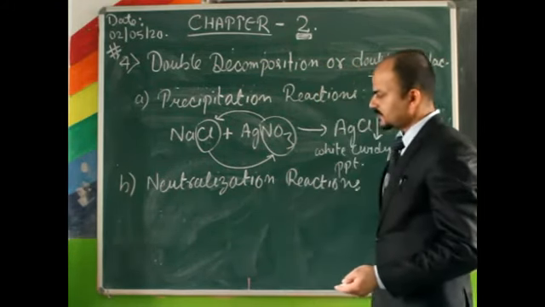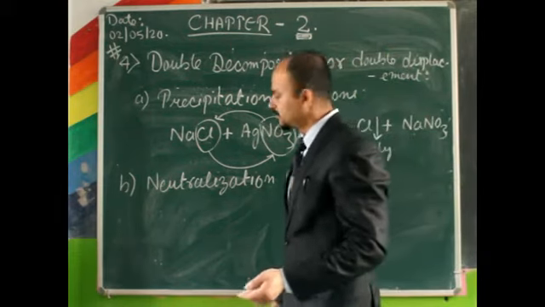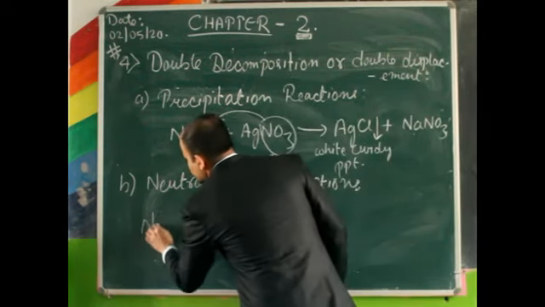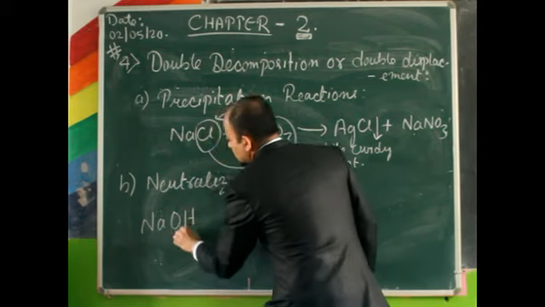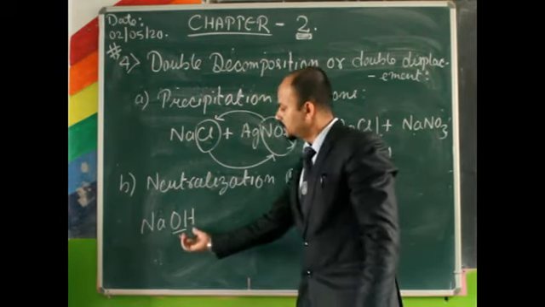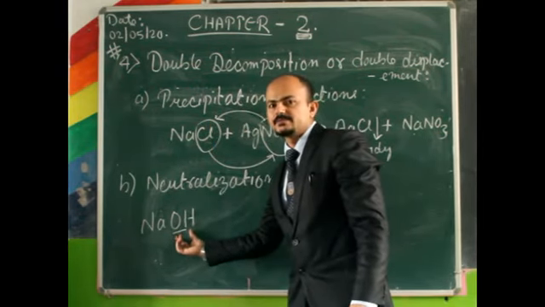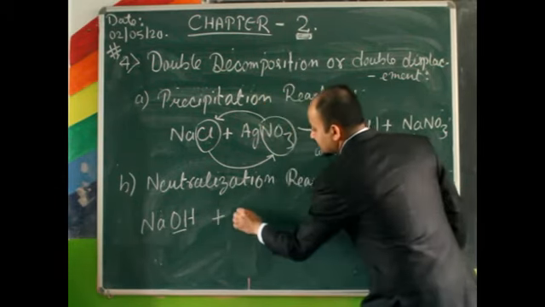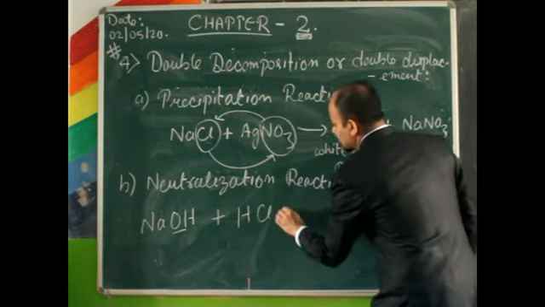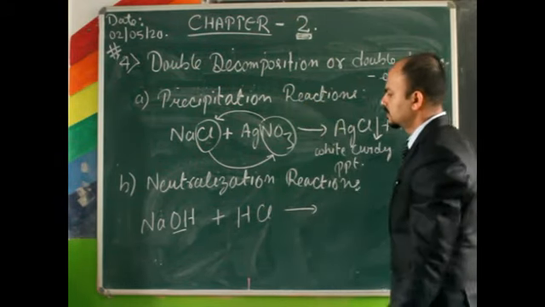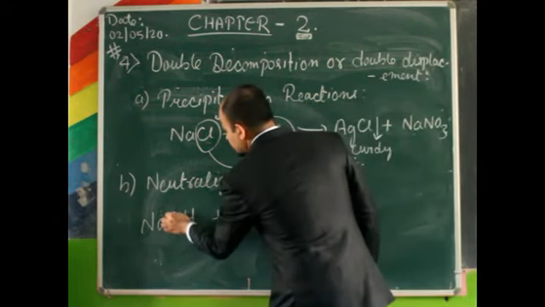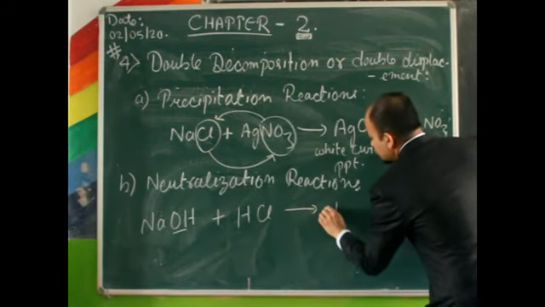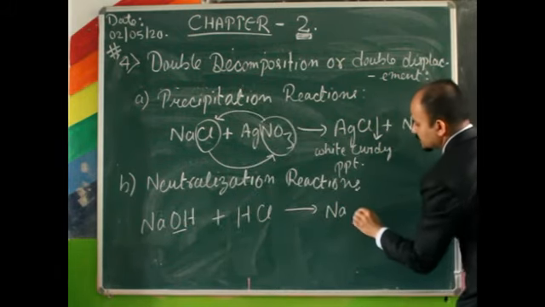So let's take one simple example. NaOH, you know it's a base. Whenever a compound has OH, that means it's a base. Whenever it reacts with acid, HCl, what will happen? See, as I told you, this is also double displacement reaction.